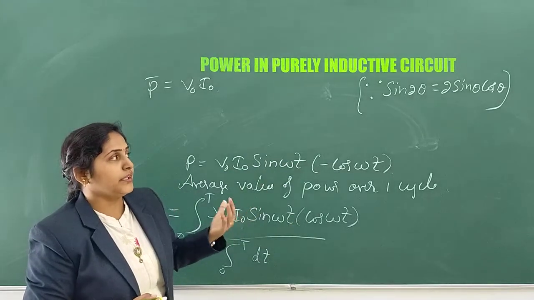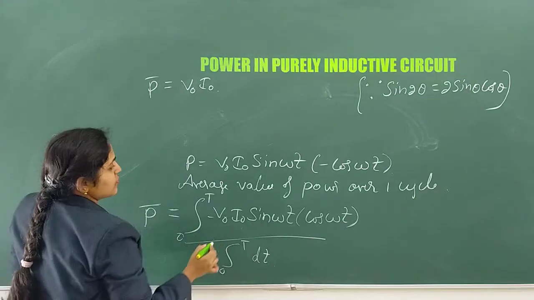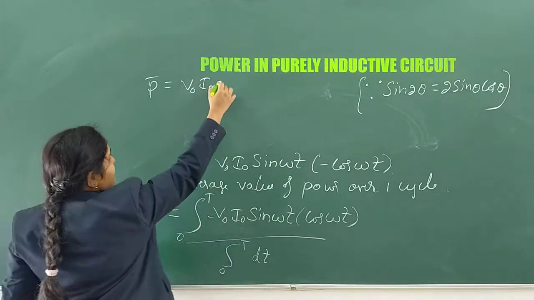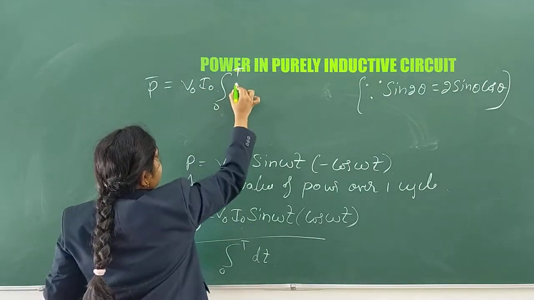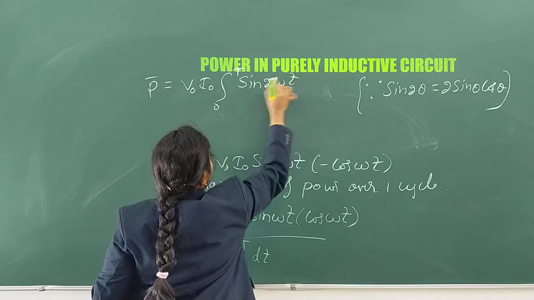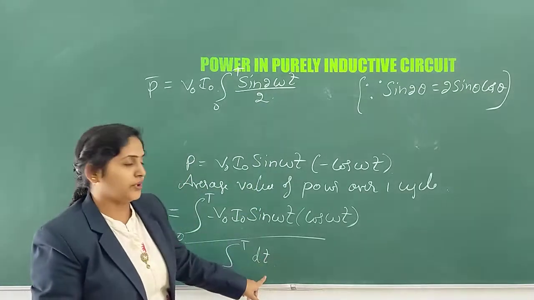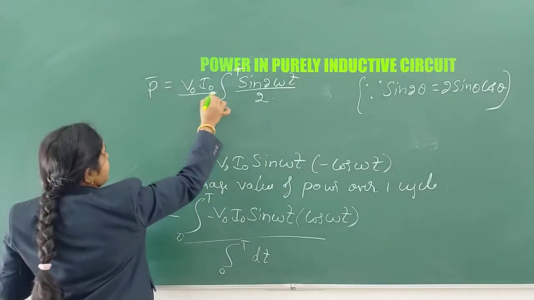So I can write this as the integration from 0 to T of sin 2 omega t divided by 2. And the integration of 1 from 0 to T with respect to dt is T, so let me take the T outside.